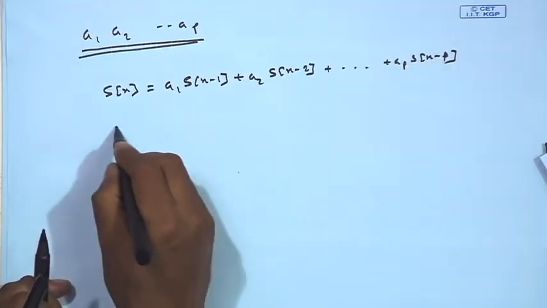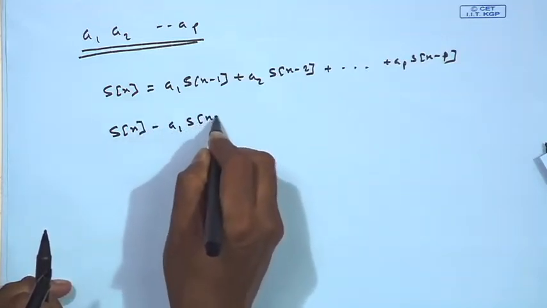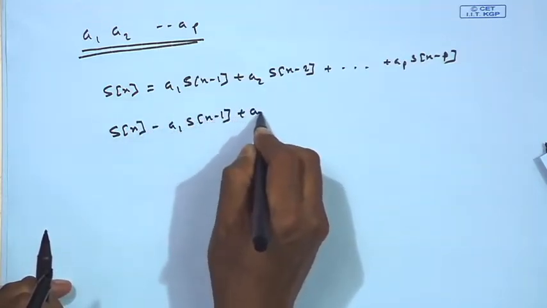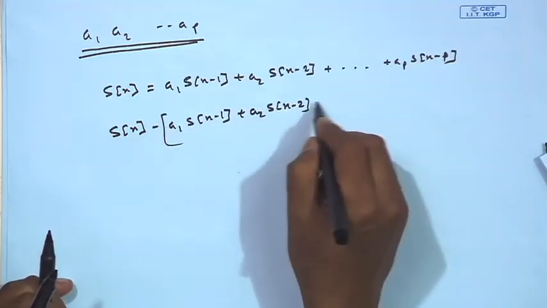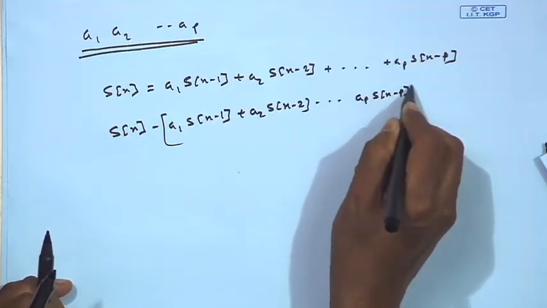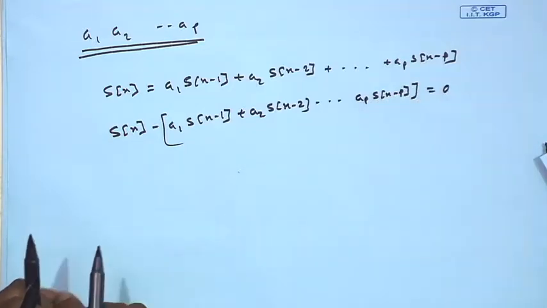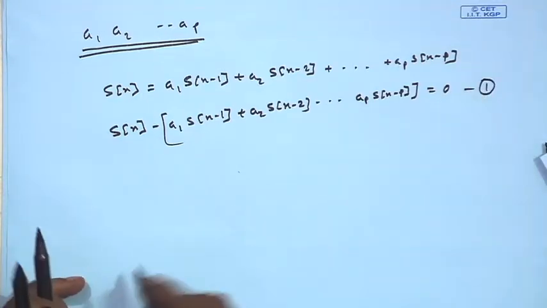So I can write S[n] minus A1 S[n-1] minus A2 S[n-2] dot dot dot minus AP S[n-p] is equal to 0. So this is a single equation. How many unknowns?